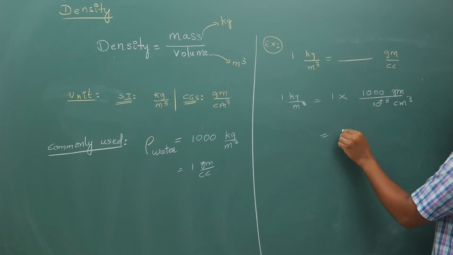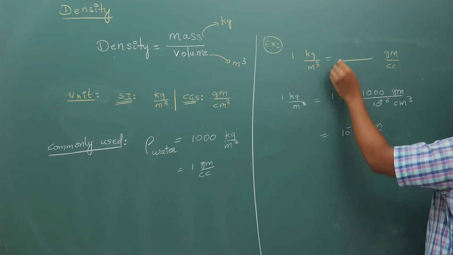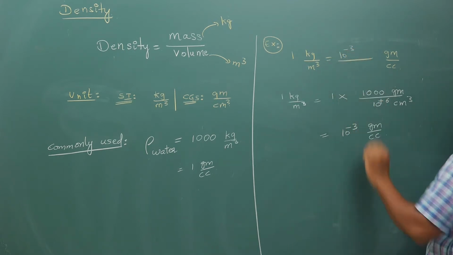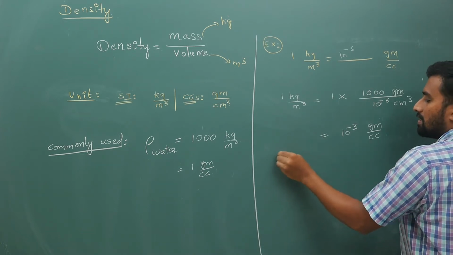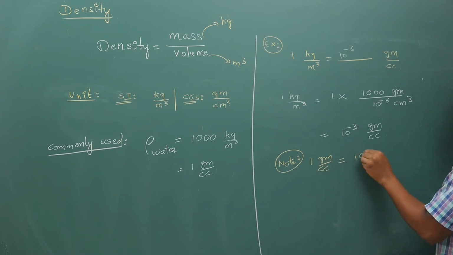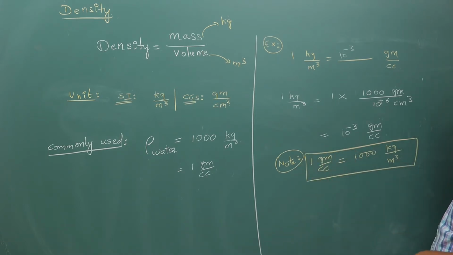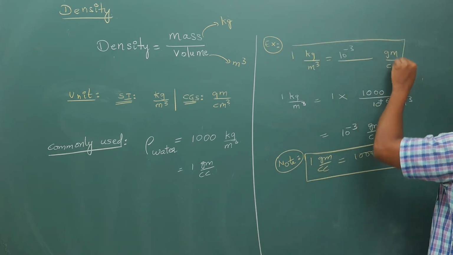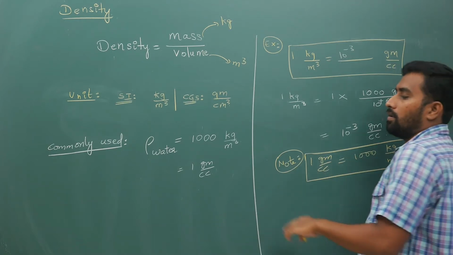That will give you 10 power minus 3 gram per cc. So if you take the reverse process, 1 gram per cc is 1000 kg per meter cube. Interconversions you have to take care of. 1 kg per meter cube is 10 power minus 3 grams per cc, and 1 gram per cc is 1000 kg per meter cube. And this is what is commonly used for the density of water.